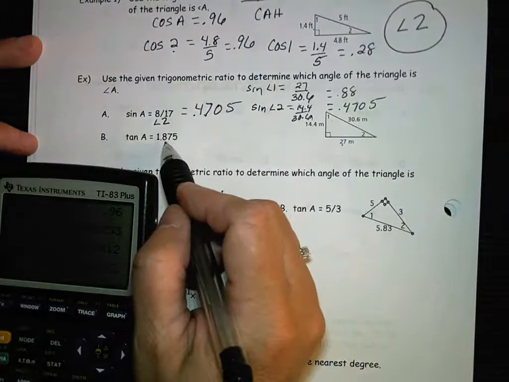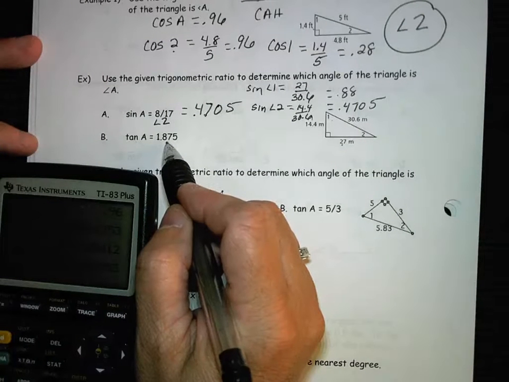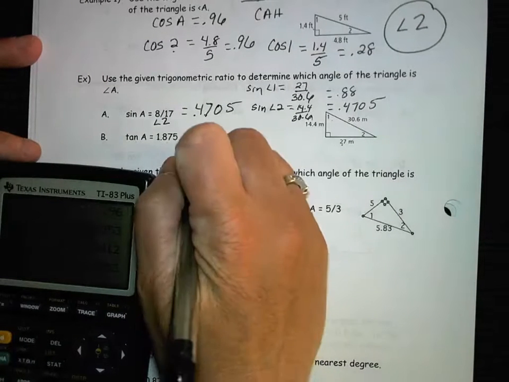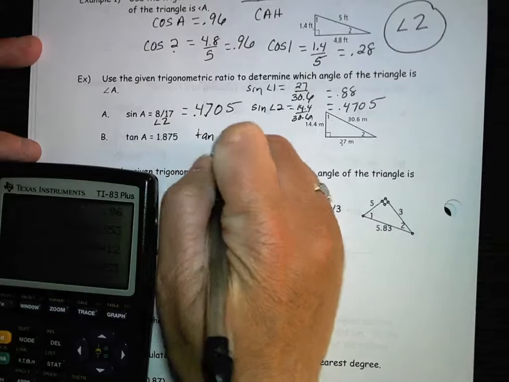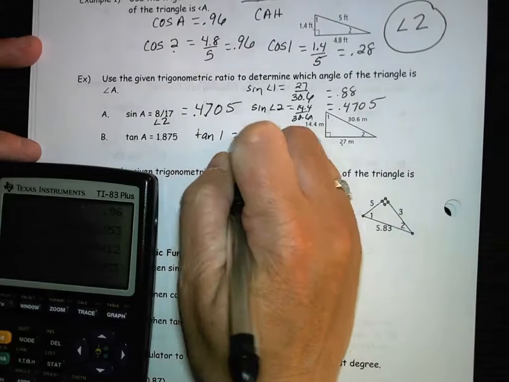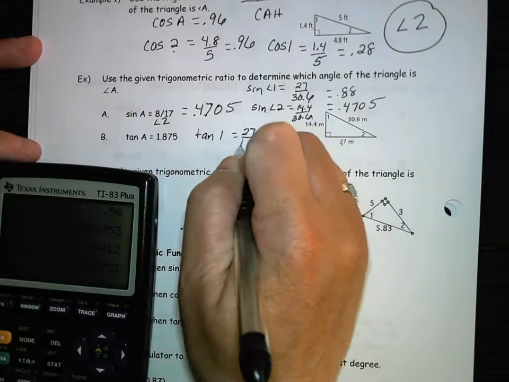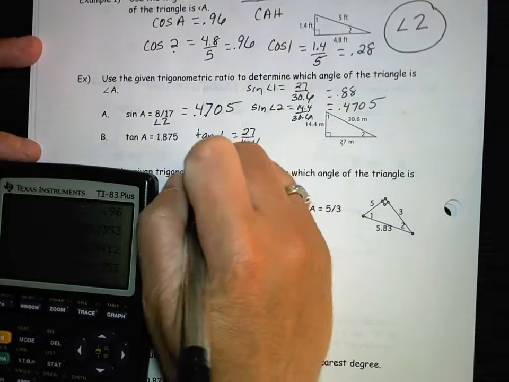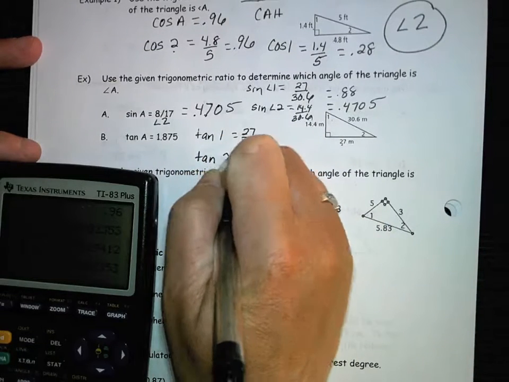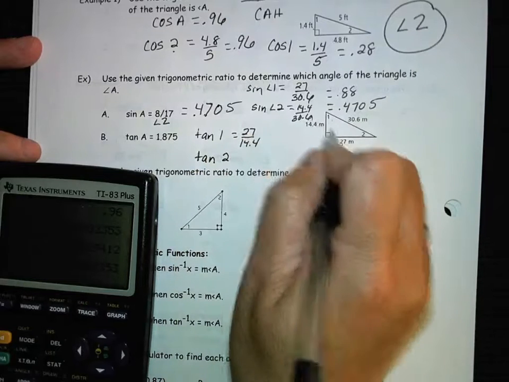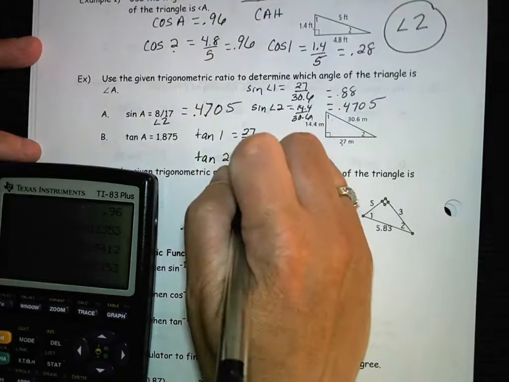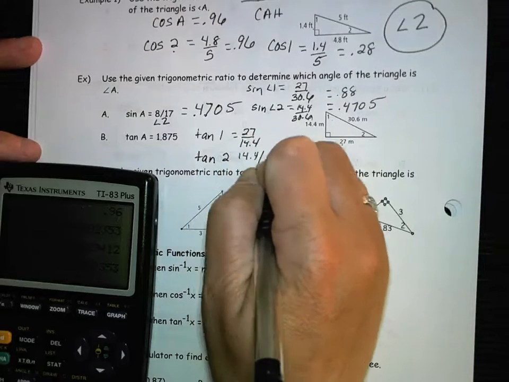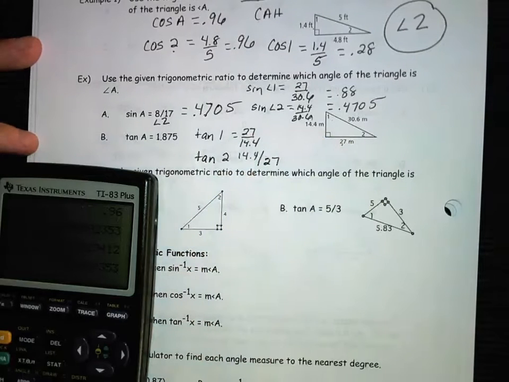And then we have tangent of A is 1.875. If we do the tangent of angle 1, you will have 27 over 14.4. And if you have the tangent of angle 2, opposite over adjacent, it is 14.4 over 27.